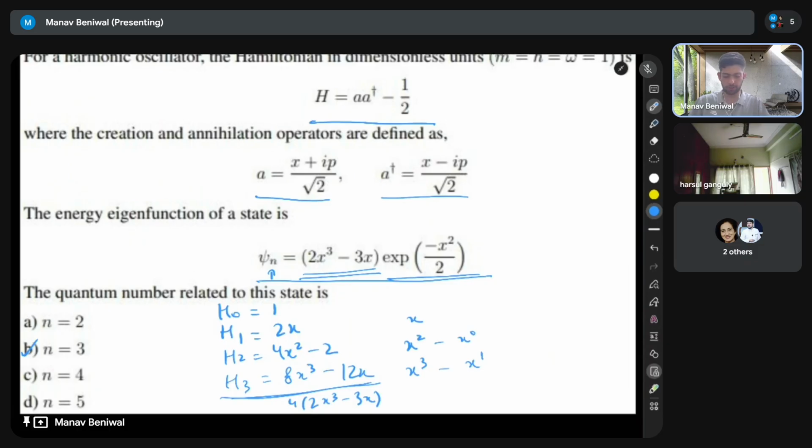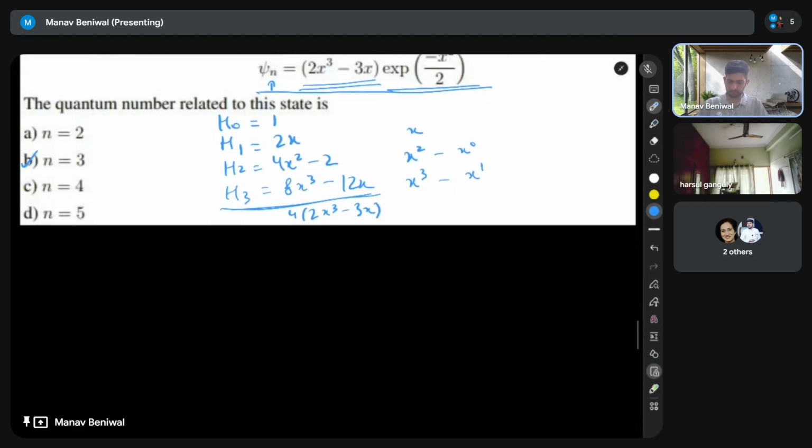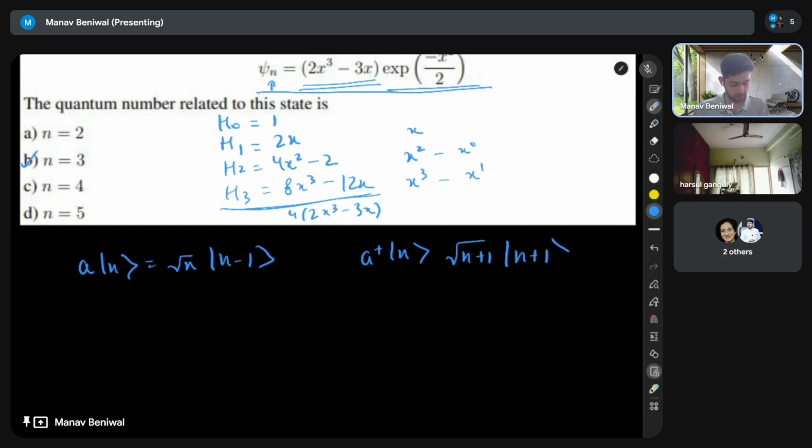Otherwise, we can also make use of all this other information that is given to us and try to find out the most likely value of this n. We know that when the lowering operator a acts on n, we get root n times n minus 1, and when the raising operator acts on n, we get root n plus 1 times n plus 1, right?